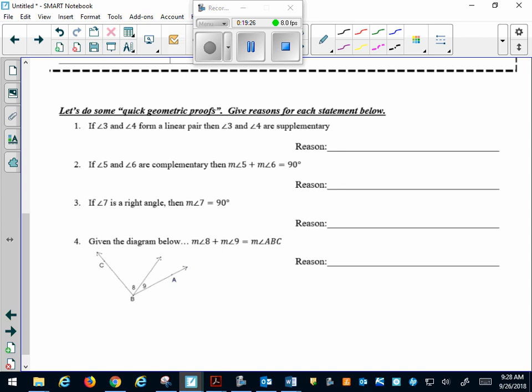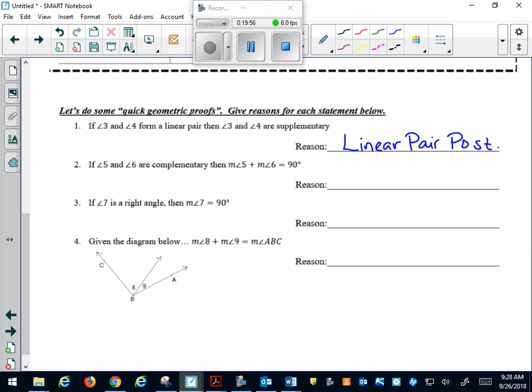What would be the reason, do you think? Angle 3 and angle 4 form a linear pair. Therefore, angle 3 and angle 4 are supplementary. What do we have that says if two angles form a linear pair, then they're supplementary? Yep. Perfect. So your reason, if that was stated in a proof, would be linear pair postulate.